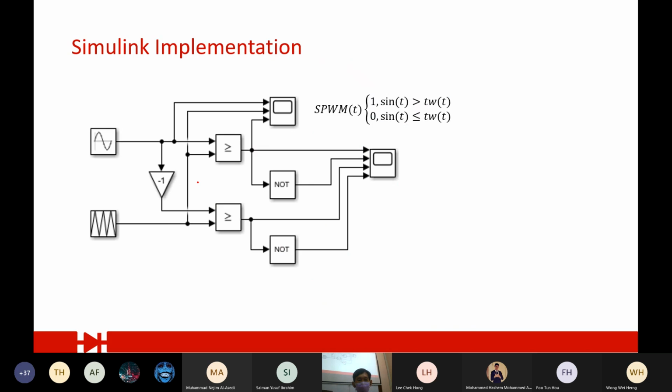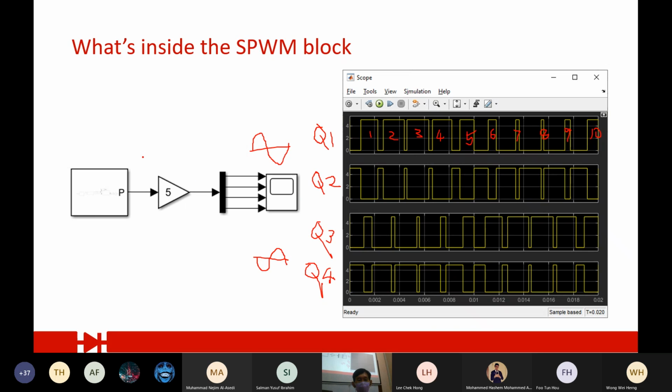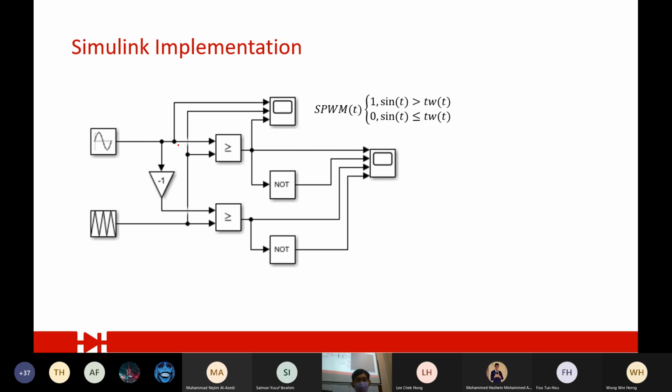Now, like I said, the good thing is that Simulink already provides us these magical blocks for us to do modulation. But like I said, we still need to know how this thing works inside. So I just put in an effort to show you how this thing works. Now you can construct this by yourself, using a sine wave here.